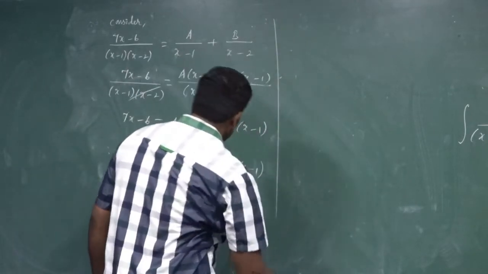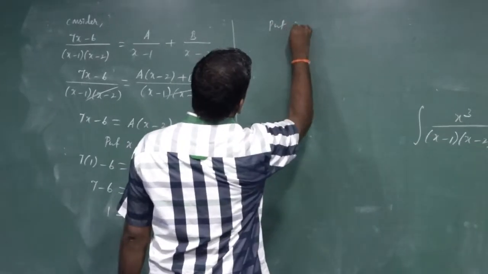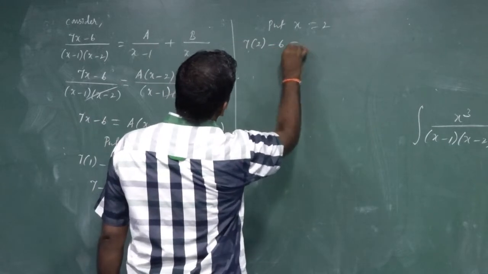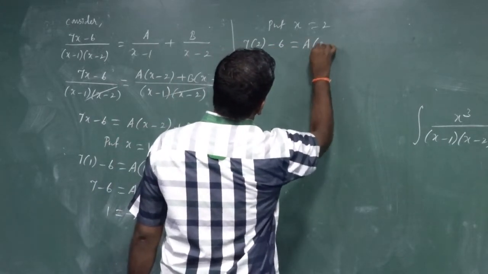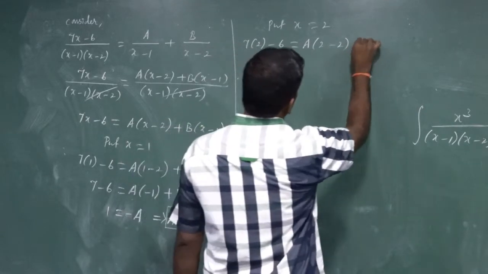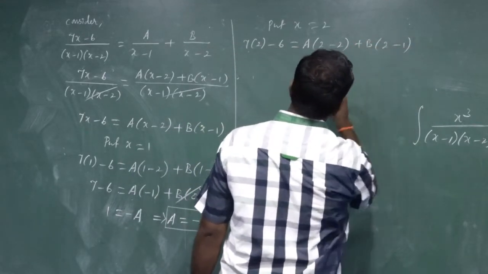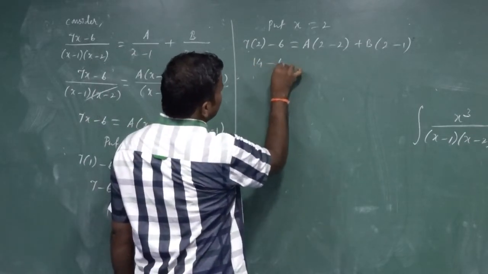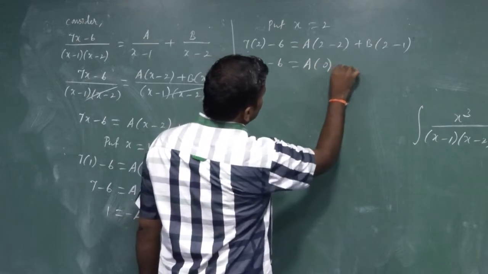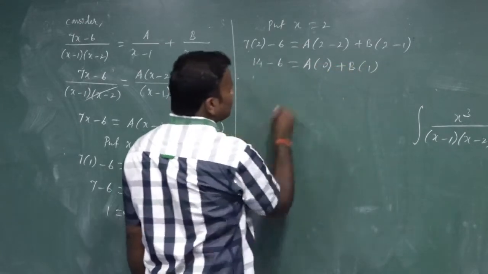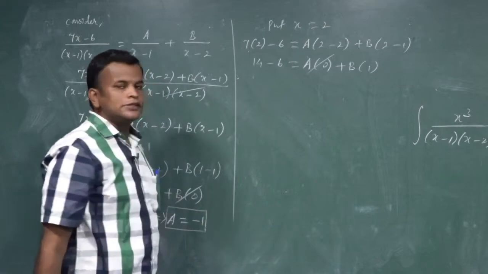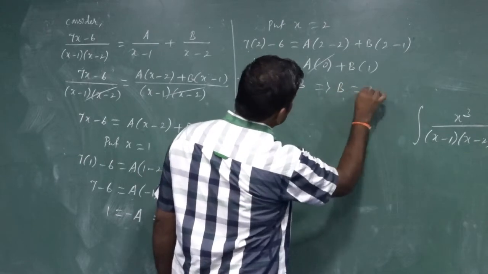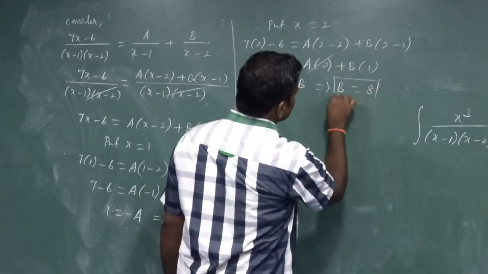So, put x equal to 2. 7 into 2 minus 6 is equal to a of (2 minus 2) plus b of (2 minus 1). 7 2s are 14, minus 6, equals a of 0 plus b of 1. We leave this. 14 minus 6 is 8, equal to b. So the value of b is 8.